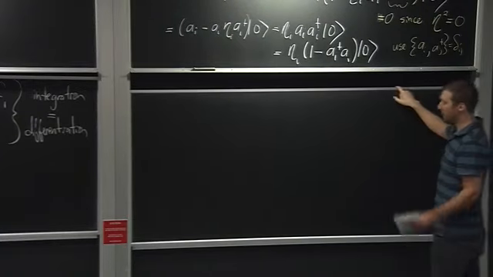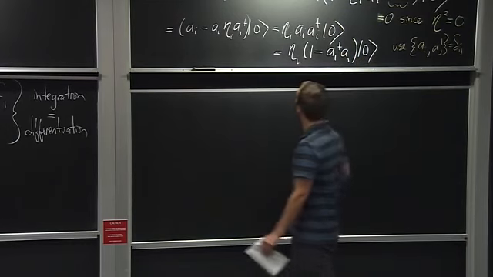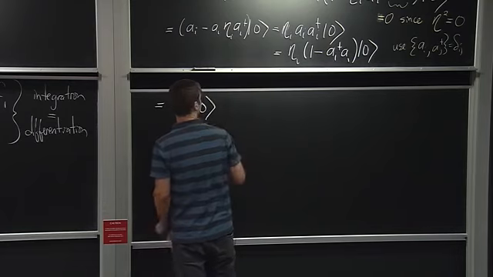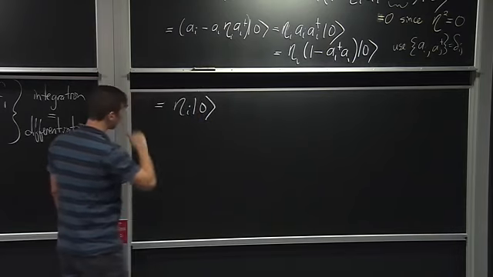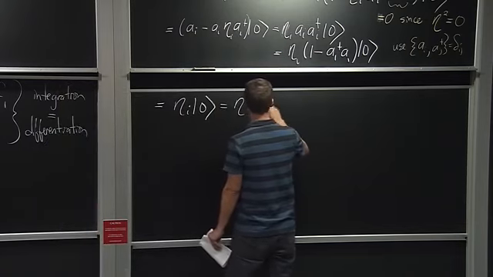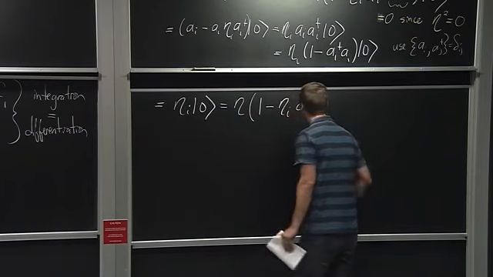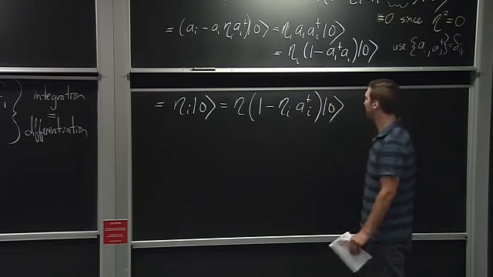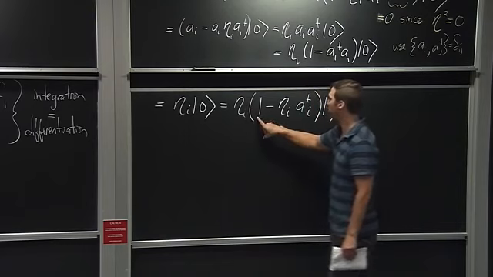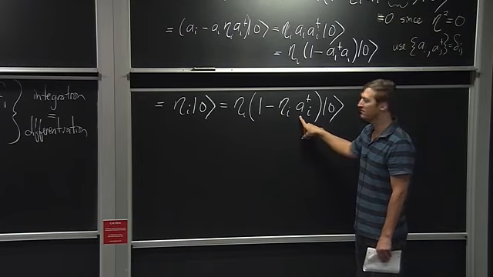Now that's in a form that's useful to me because I can just annihilate the state. So I just get that Grassmann variable up front. I can rewrite this expression as eta_i all times 1 minus eta_i and the raising operator.